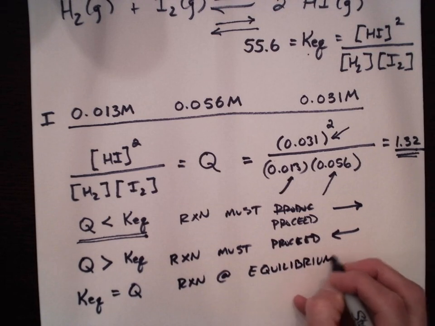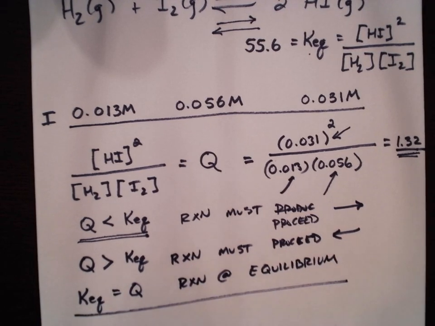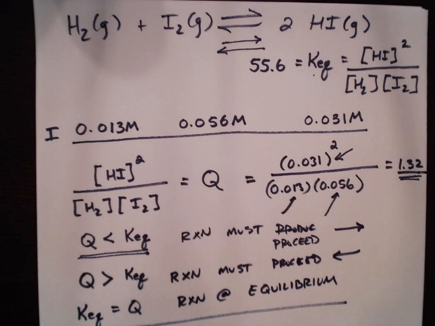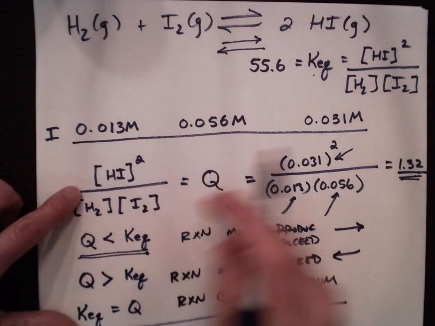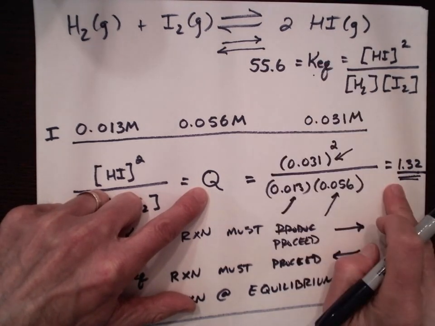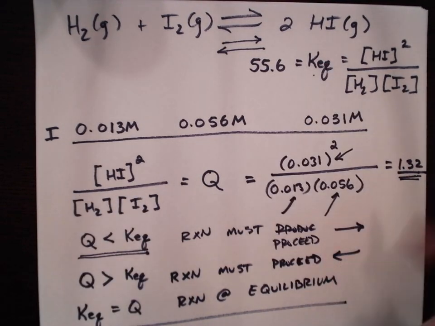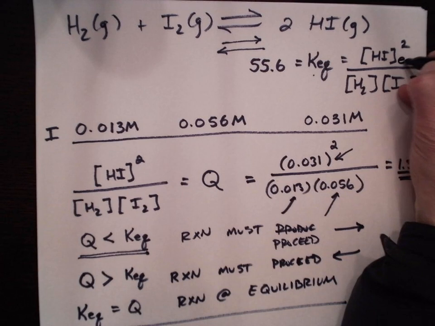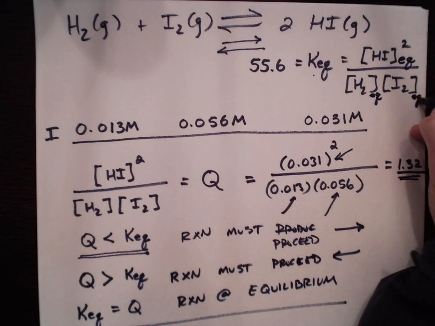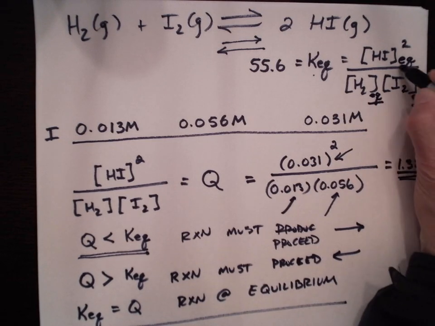Now this can get confusing because you'll notice that K and Q have the same form. You see this? But they can give you different values. So the way you keep these straight is to recognize that the only time you can use these values to calculate the equilibrium constant is if everything's at equilibrium.